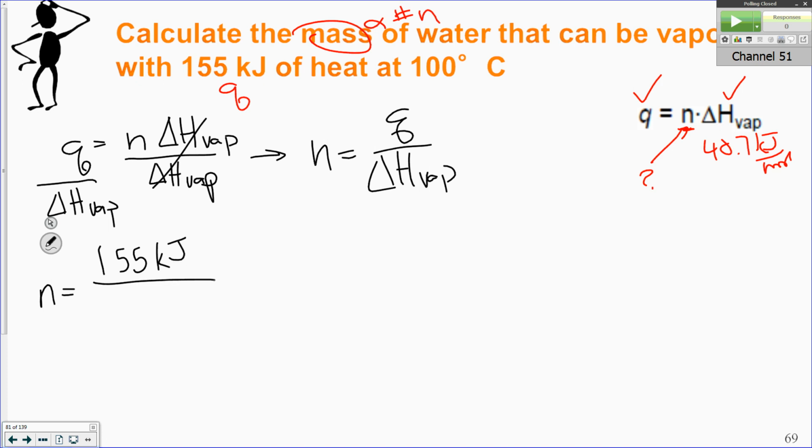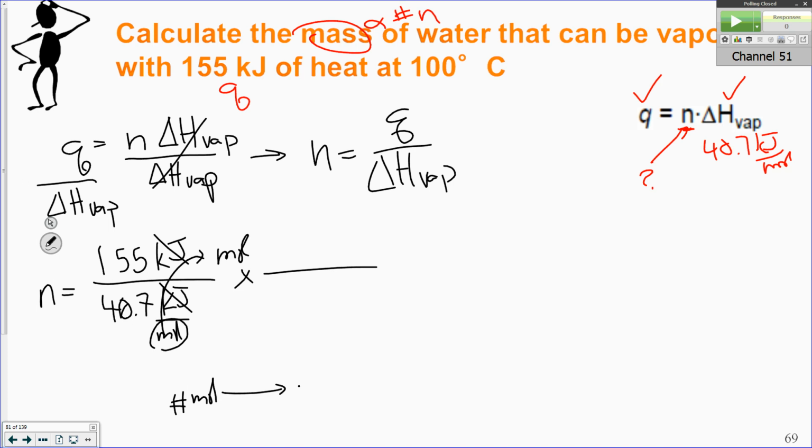And here's where it's important to set your units up. 40.7 is the molar heat of vaporization, kilojoules per mole. Kilojoules top and bottom cancel out. The moles are on the bottom of the fraction, so they go to the top. When I divide that, that's going to give me the number of moles, but I really want to know the number of grams. So I just need to convert from the number of moles to the number of grams, or the mass.